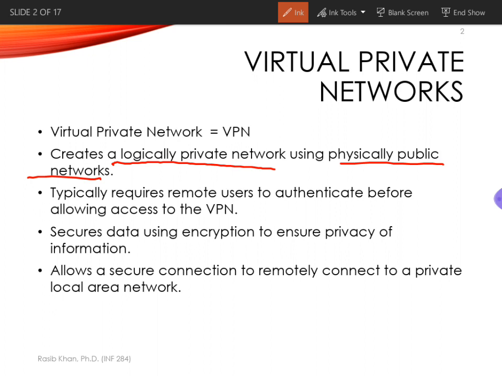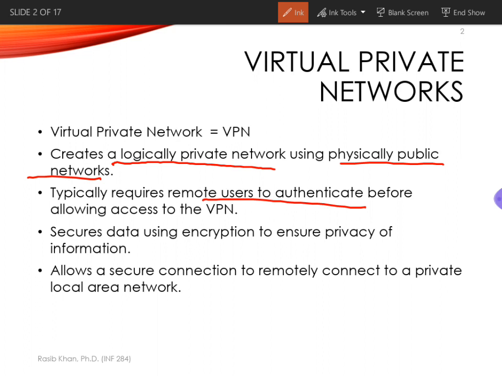So typically, VPNs require users to authenticate before they can access the network. And this could be very much related to how you use the virtual machines that are provided to you for your labs, etc. And in all of these cases, there is an option where you can access the university network using a VPN.